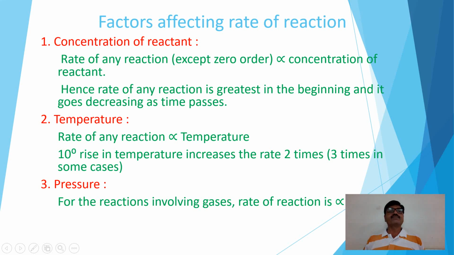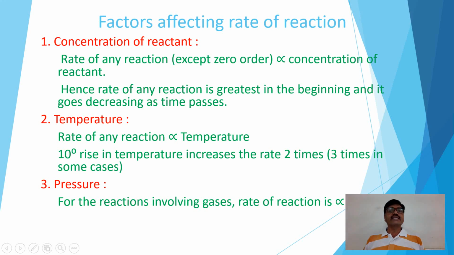And that's why the rate of any reaction is greatest in the beginning and it goes on decreasing as time passes, because we know that at the beginning the concentration of the reactants is very high, and that's why the rate is also very high.